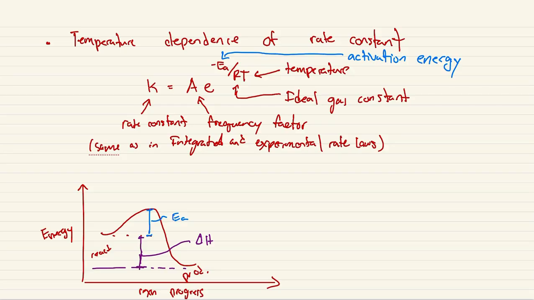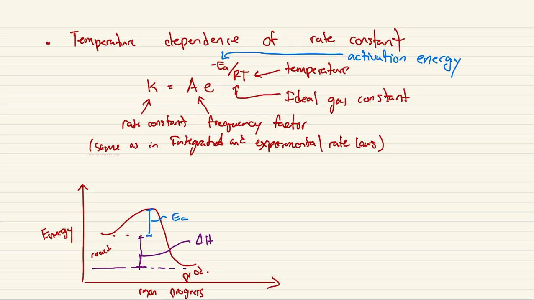Right, so the frequency factor says how often we're approaching the transition state, which is also the most energetically unfavorable state, but also the state where once you reach that, half the time you're gonna move back to the reactants, and the other half you're gonna move on to the products. So that's what the frequency factor described, and then the exponential factor.